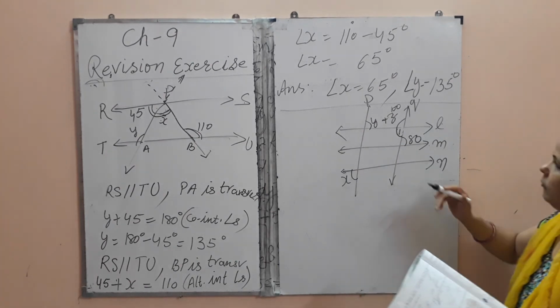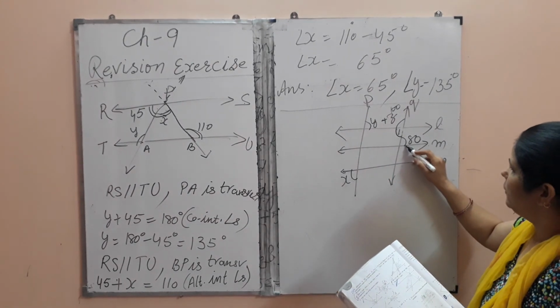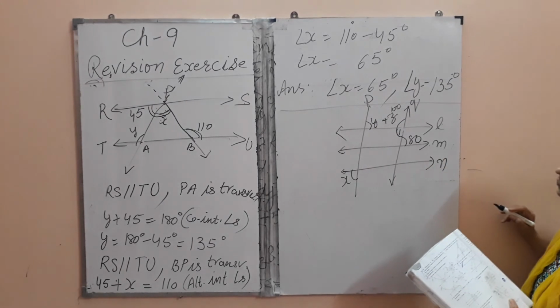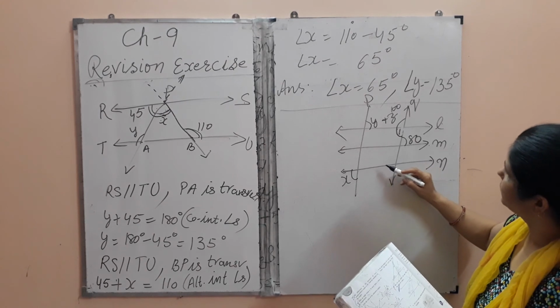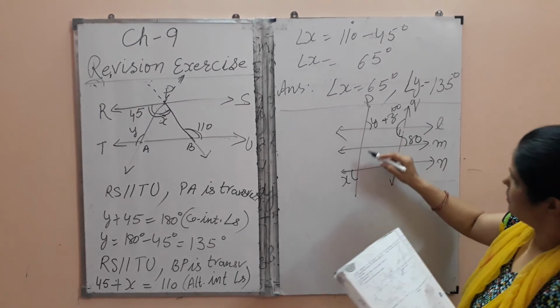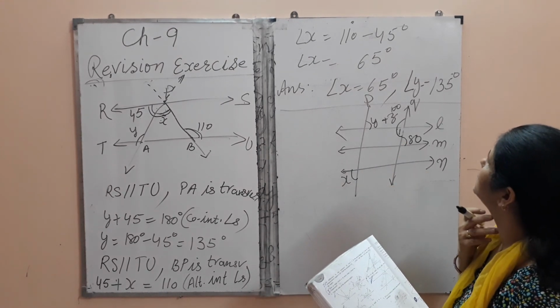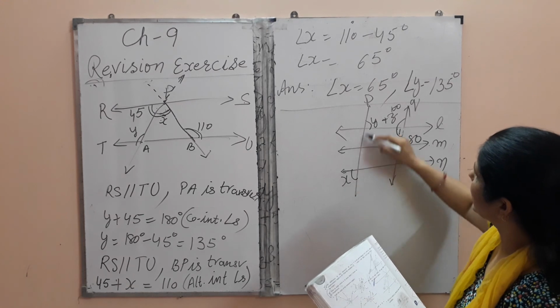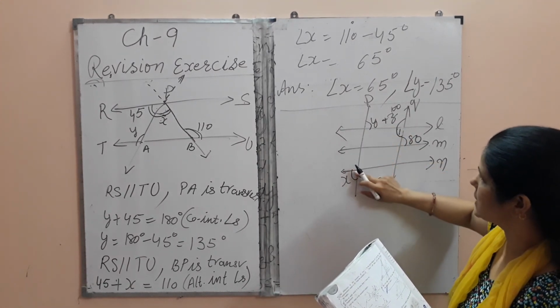Now we will come to this X. X also we have to find. First we will find out, okay, we will take these two lines, this line and this line.